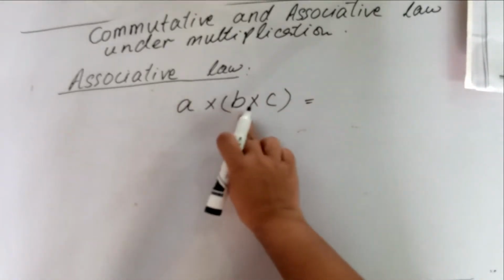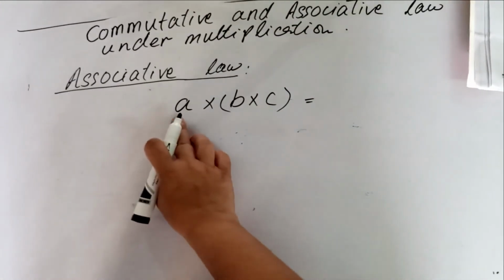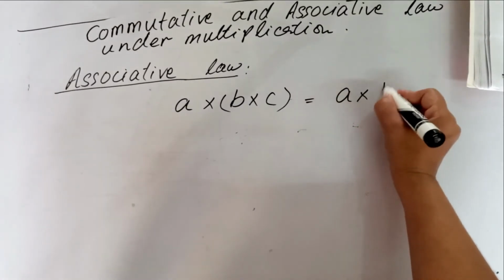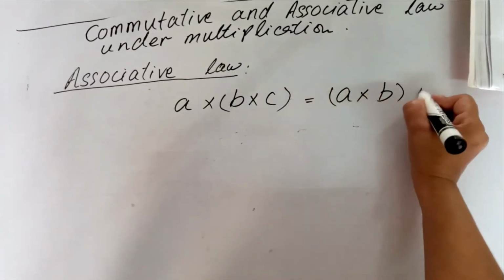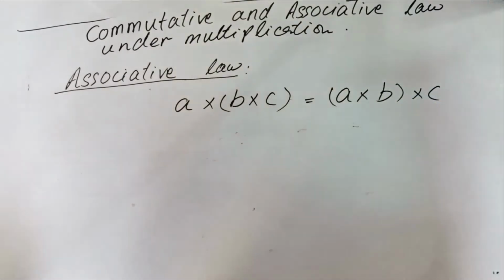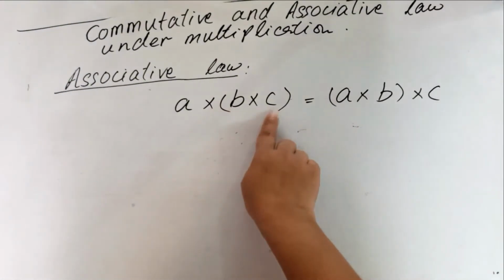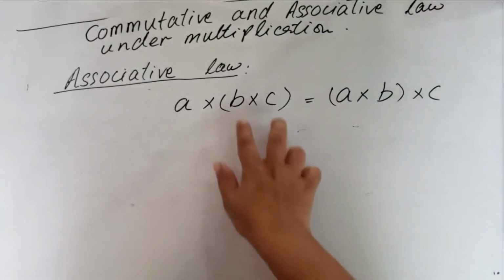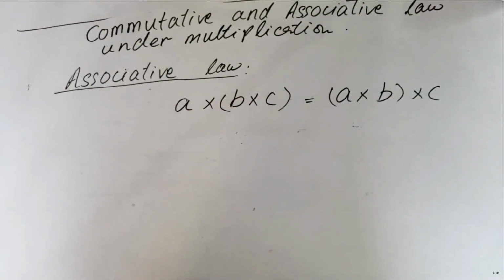If I multiply B and C first and then multiply it by A, I will get the same result as if I multiply A and B first and then multiply it by the third value. So A multiply (B multiply C) is equal to (A multiply B) multiply C. The values in the bracket, I have to solve them first.